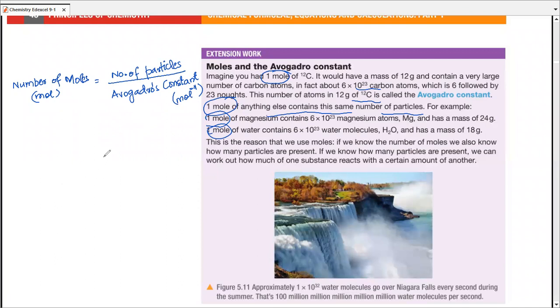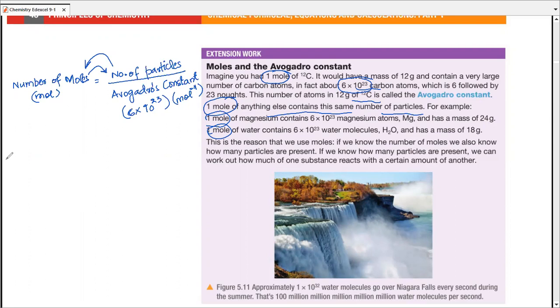Now, the great part about this formula is that the denominator is every time going to be 6 into 10 raised to power 23. That's the denominator because the denominator says Avogadro's constant, and Avogadro's constant is this exact same number every time. So we can literally either convert number of particles into number of moles or number of moles back into number of particles.